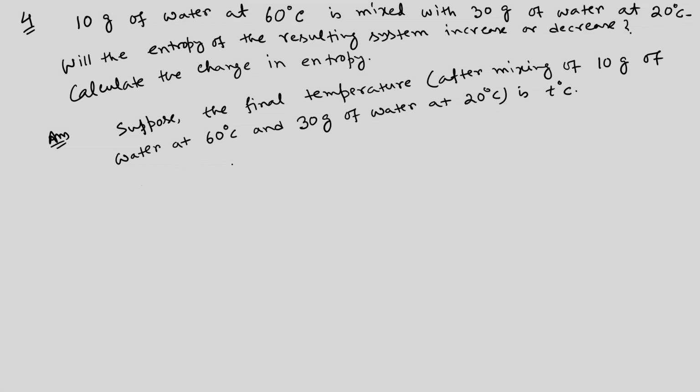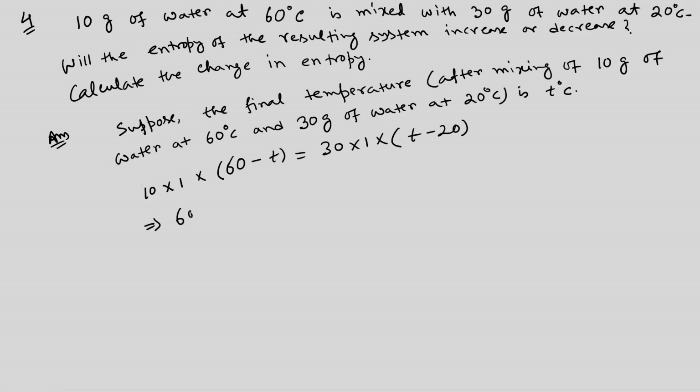So, you can write 10 times 1 times (60 minus T) equals 30 times 1 times (T minus 20).